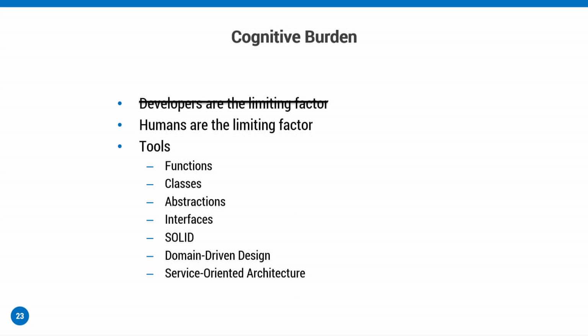If it were up to the computer, it doesn't care if you put 5 million lines of code in one file and execute it, right? It's just going to follow the instructions. We have all these tools: functions, classes, abstractions, interfaces, SOLID, domain-driven design, microservices, service-oriented architecture. These are all concepts to allow us as humans to break up our problems.